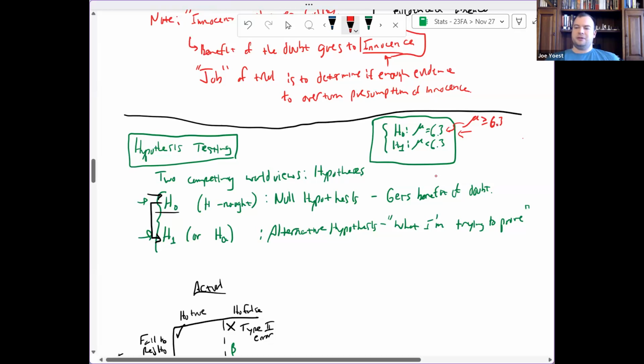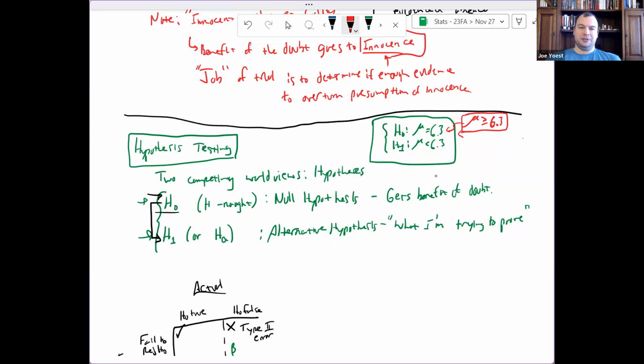But I could write the null this way, and that shows a little more of the exhaustivity. In this case, my null hypothesis is that mu is bigger than or equal to 6.3. My alternative is that mu is strictly less than 6.3. And that perfectly splits the real line into two pieces.